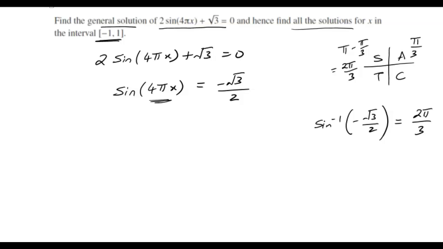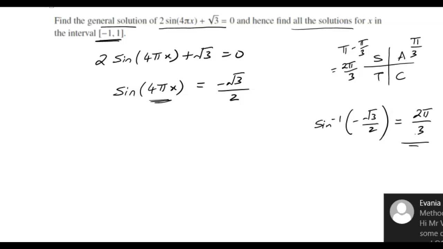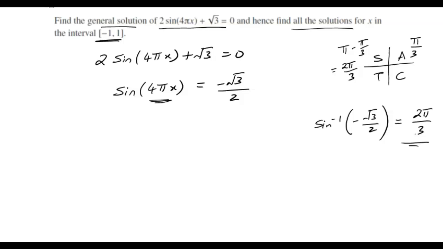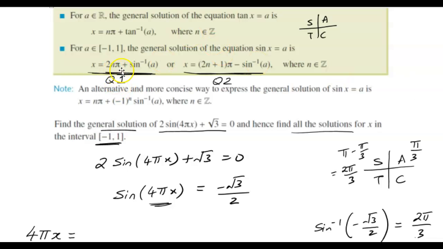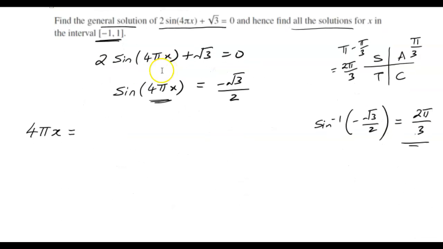Right, now that we've got the answer as 2 pi on 3, we're now going to represent that in the form of a general equation. In this particular question, we are solving for sine 4 pi x equals minus square root of 3 on 2, which means the solution is not just going to be x equals something, it's going to be 4 pi x is equal to, the very first general solution is in the format of 2n pi plus sine inverse of a.